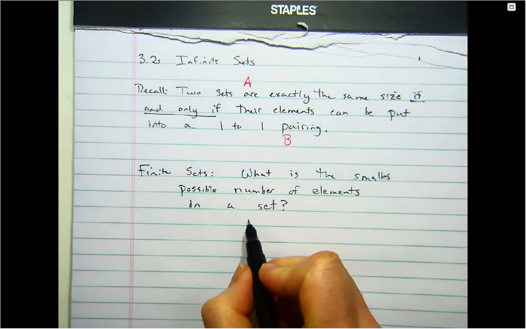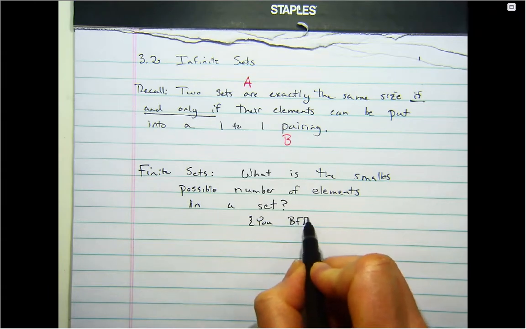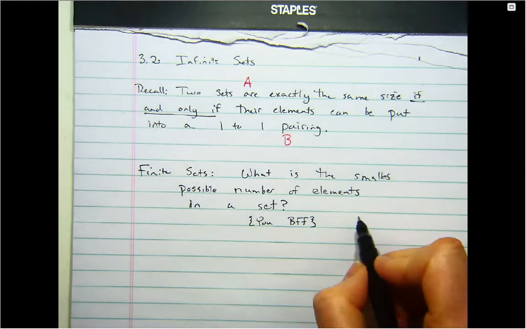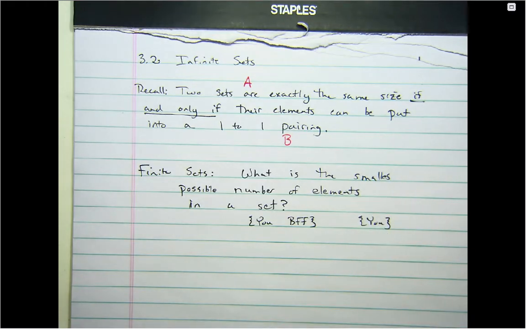Okay, how about you and your BFF? Do you make up a set together? Yeah, 2. Okay, 2. How about you by yourself? Do you make up a set? You can. You can have a set with just one element. Are there any smaller sets than just one element?